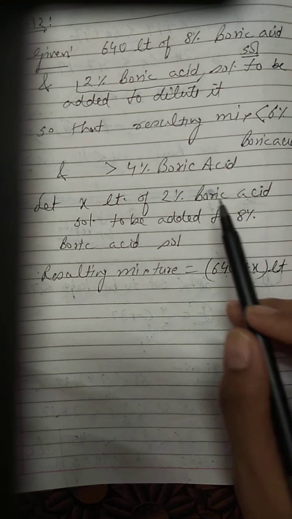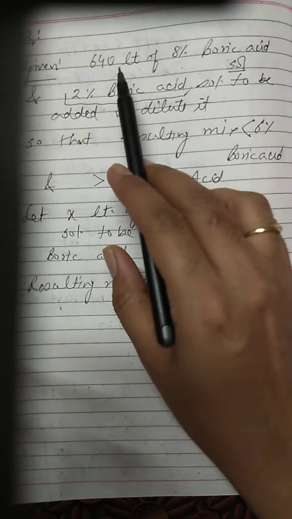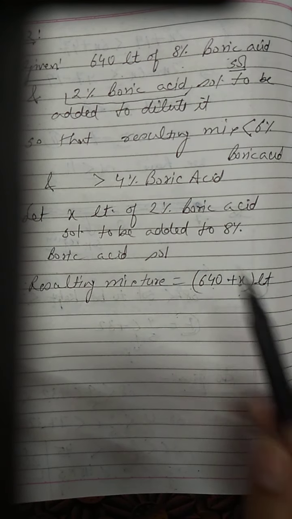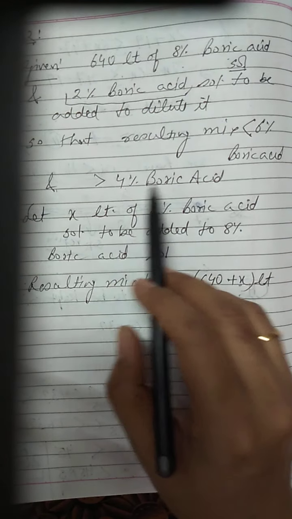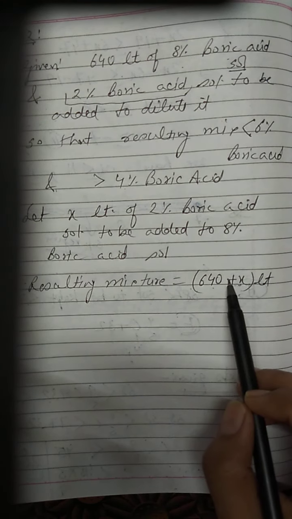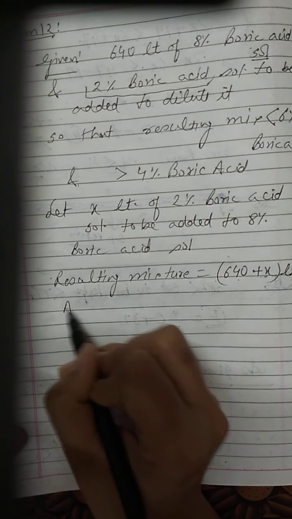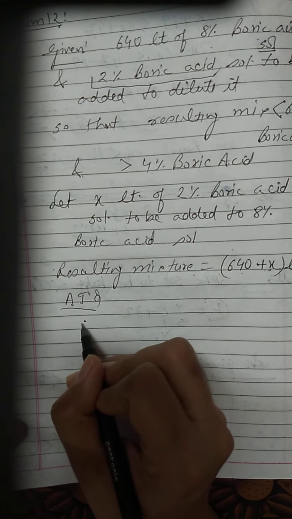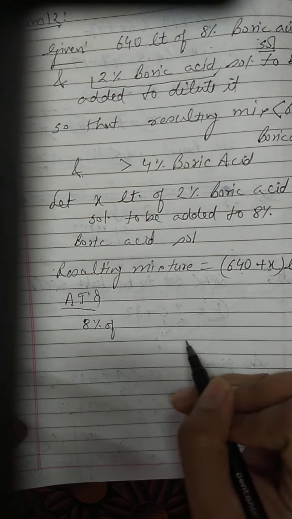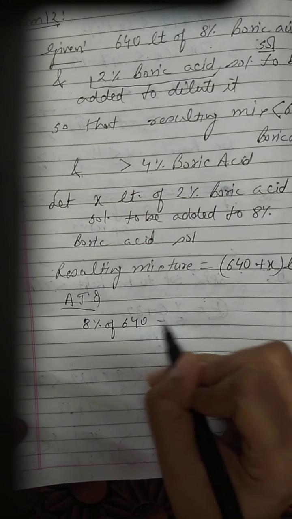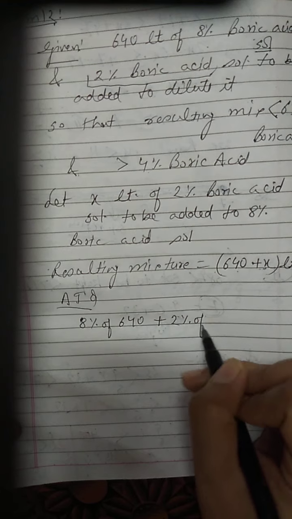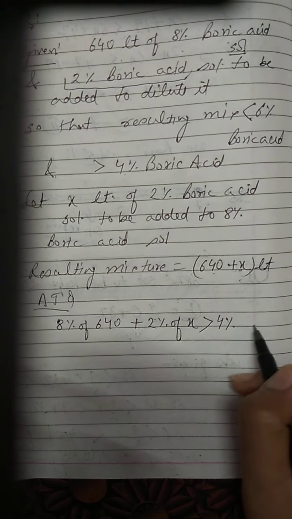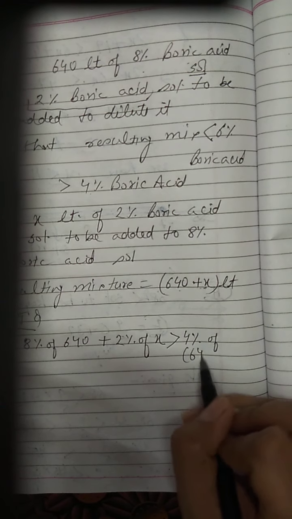Now the question says to the 8% boric acid solution we are adding 2% boric acid solution in such a way that the resulting mixture should be more than 4%. So according to the question, what we will write down here is 8% of 640, and here we are adding 2% of x liters. It has to be greater than 4% of the total. What is total?